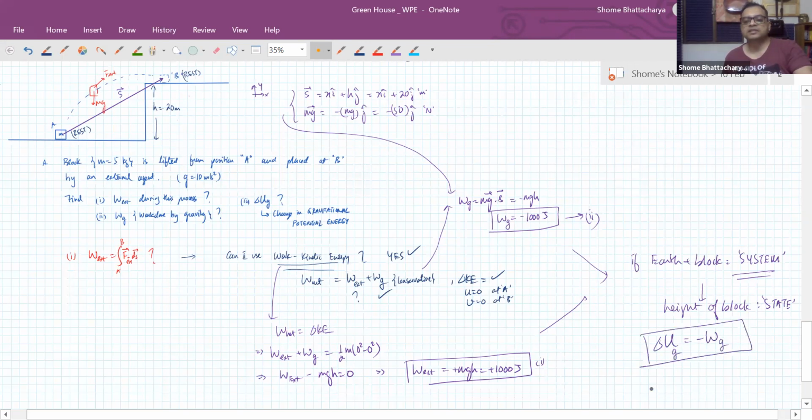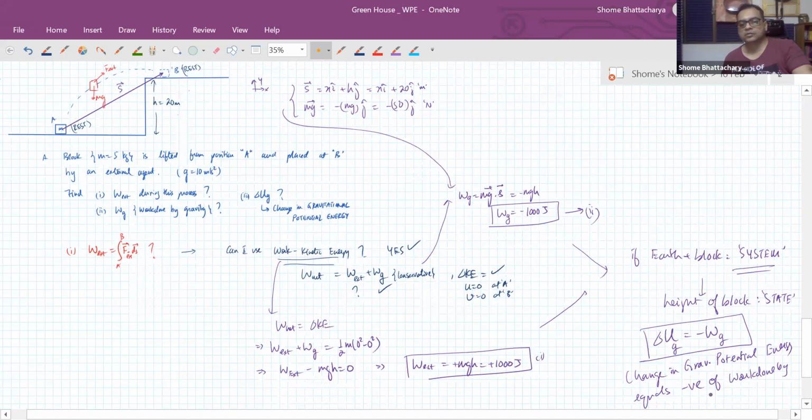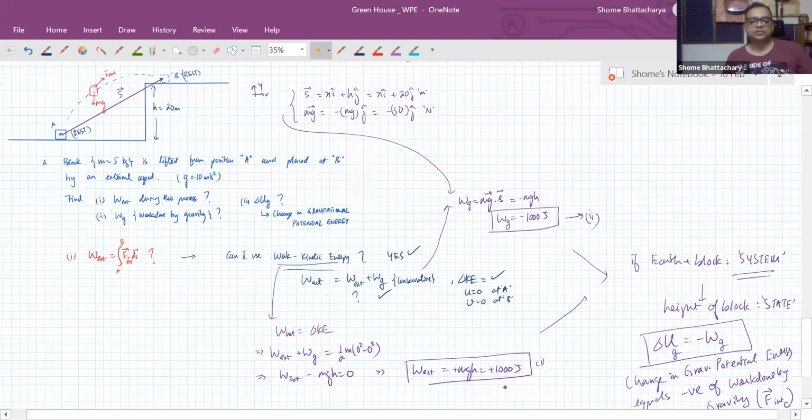The change in gravitational potential energy will be equal to the negative of the work done by the gravitational force, which is the internal conservative force. So from that we'll get that delta U is also equal to plus 1000 joules.